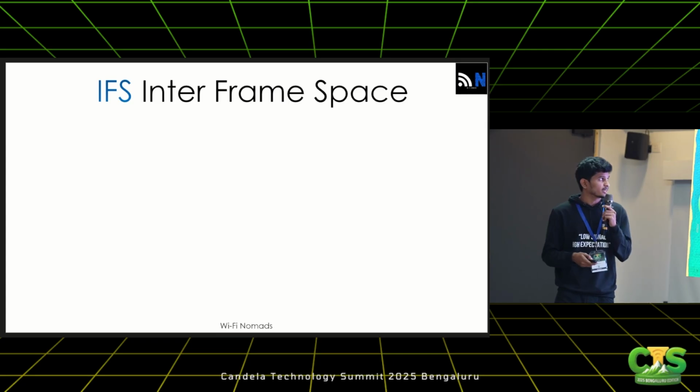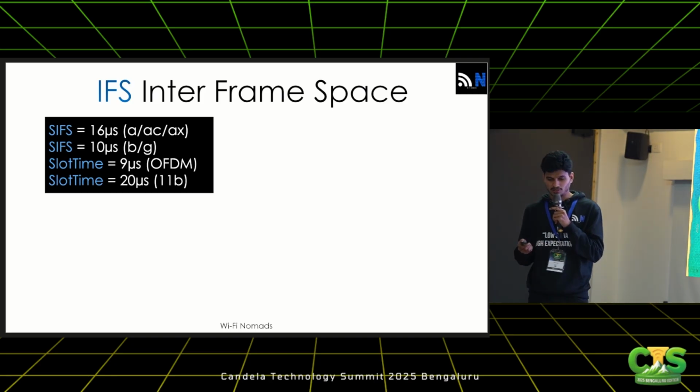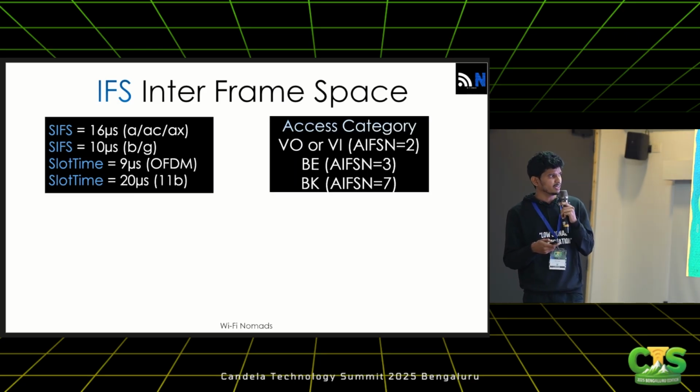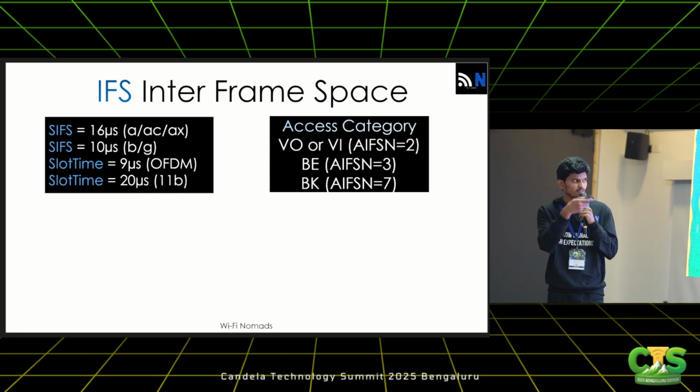How did we calculate the IFS? SIFS and slot time are predefined, which are fixed. Based on these values, we calculate all the other IFS types. The access category, voice or video, varies, and the AIFSN value varies based on the type of the traffic.